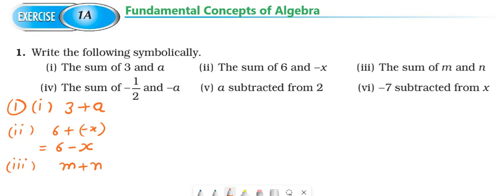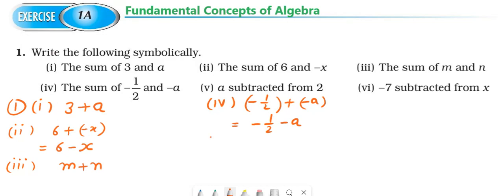Now the fourth part, the sum of minus 1 upon 2 and minus a. Beta, it will be equal to minus 1 upon 2 minus a. This will be the answer.